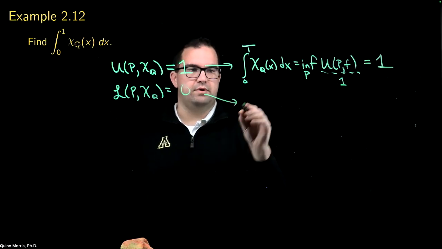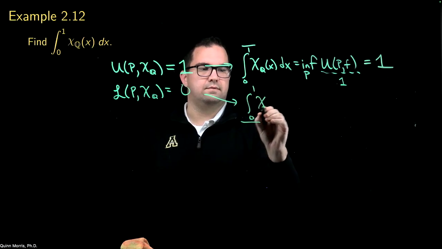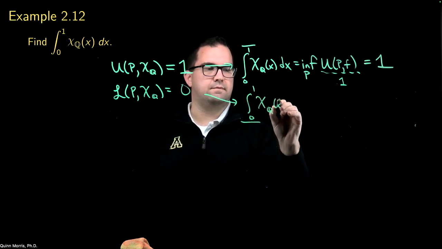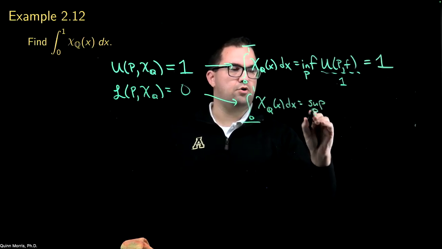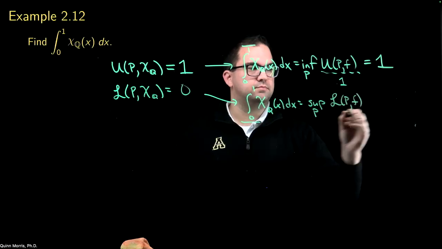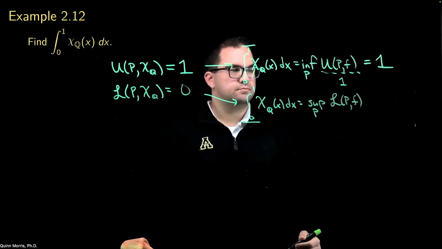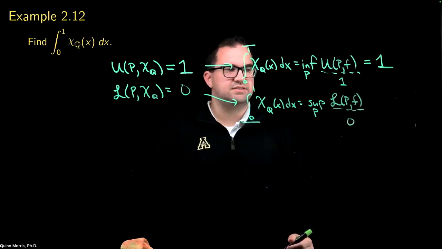The lower Riemann integral is the supremum over all partitions P of the lower Darboux sums. But each of these, for every partition, is 0.